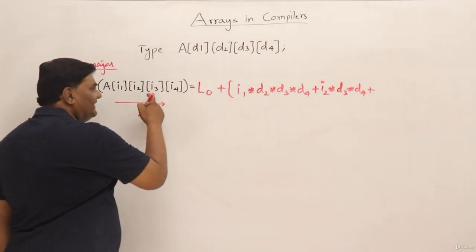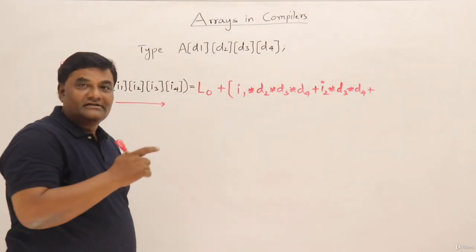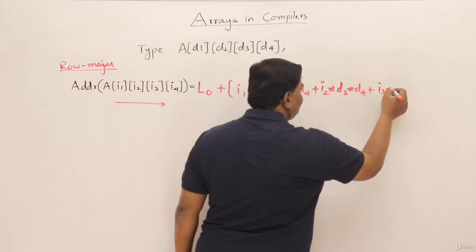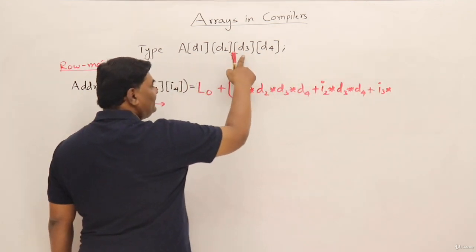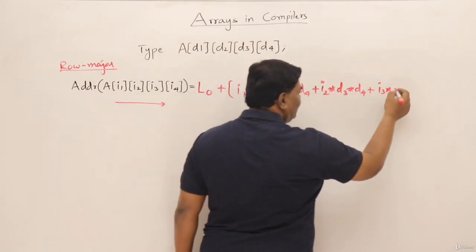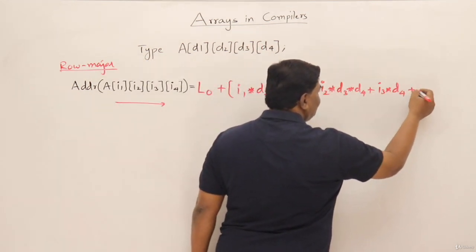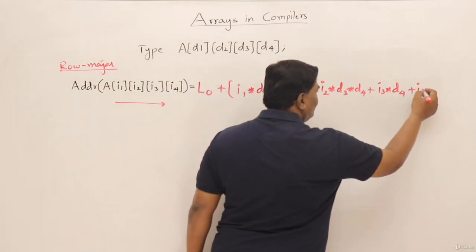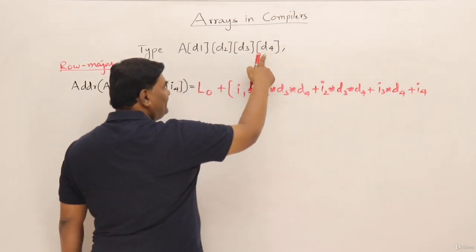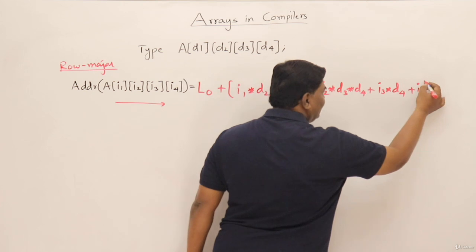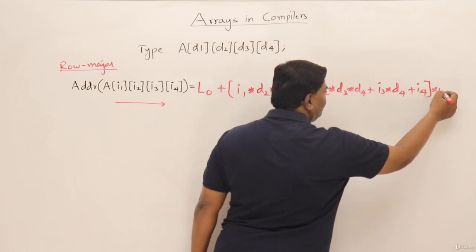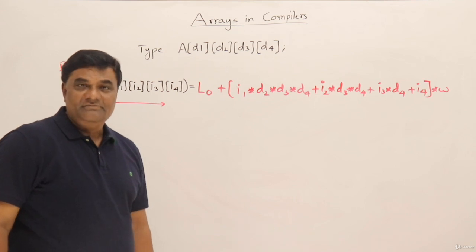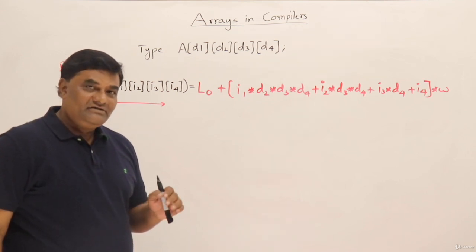The next is index 3, I3. After third dimension, all dimensions should be multiplied. So only D4 is there. Then plus last I4, fourth index. After fourth dimension, everything should be multiplied. So nothing is there. So multiplied by W. This is the formula for row measure mapping of a 4-dimension array.